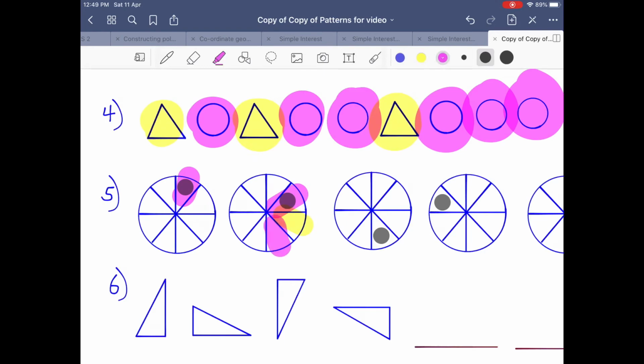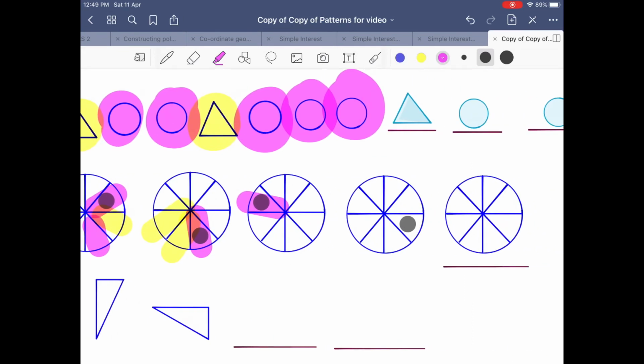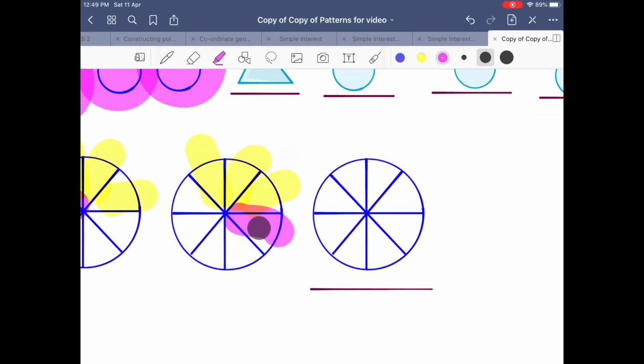So we end up here. From here now, we are skipping 1, 2, so that we end up here. Then we skip 1, 2, 3, and we end up here. So now we must skip 4, 1, 2, 3, 4, so that we end up here. So this is the one you will shade.